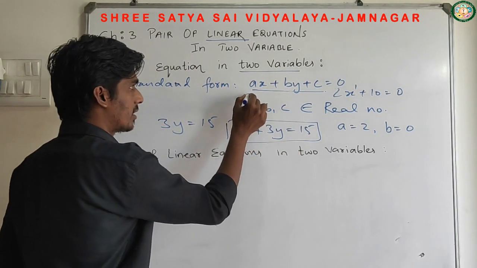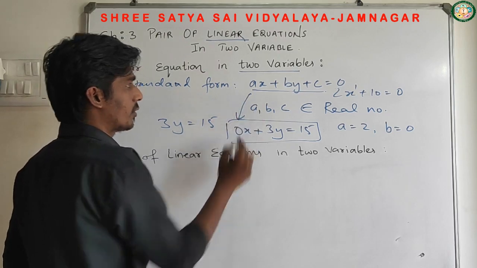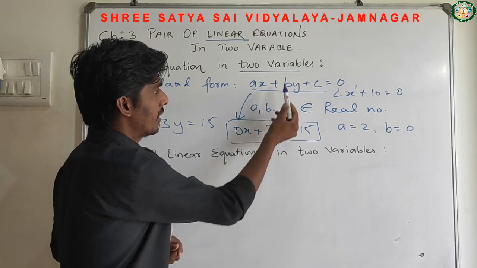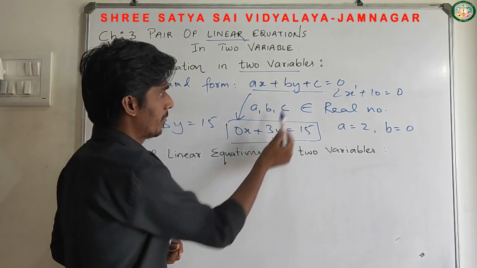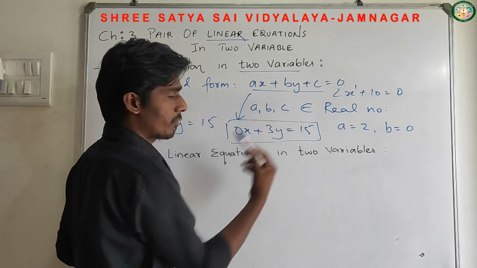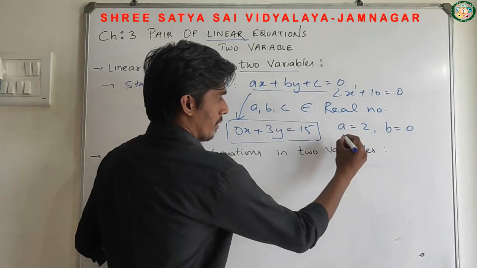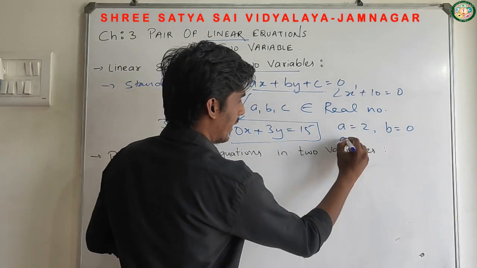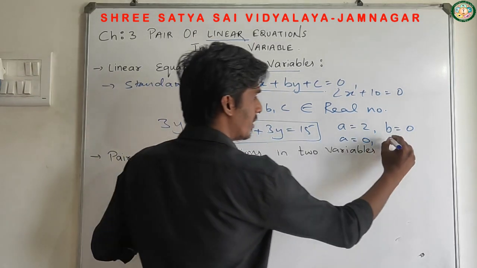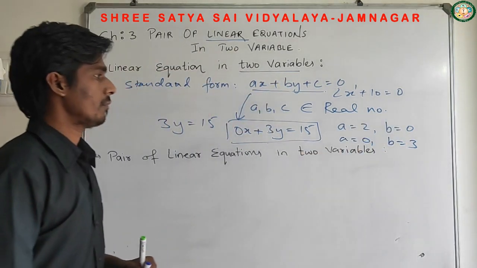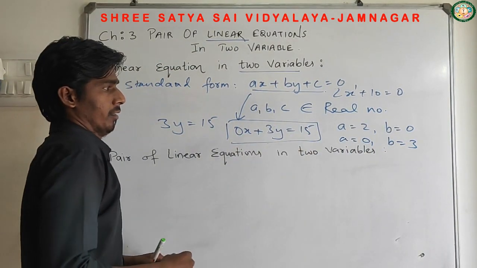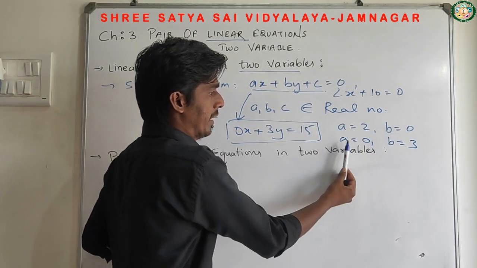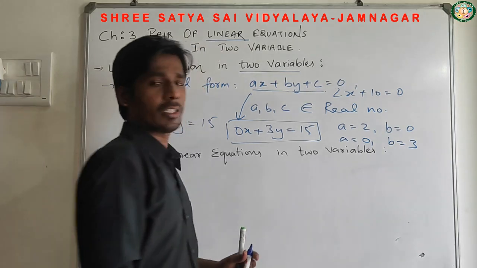So we can convert this into standard form: instead of a it is 0, this is x, plus instead of b it is 3 and y, and instead of c it is 15. Actually it should be minus c. Now here a is 0 and b is 3. From this I can say that in the first example b was 0 and a is 2, and in the second example a is 0 and b is 3.